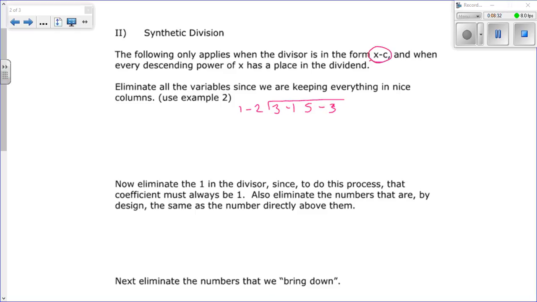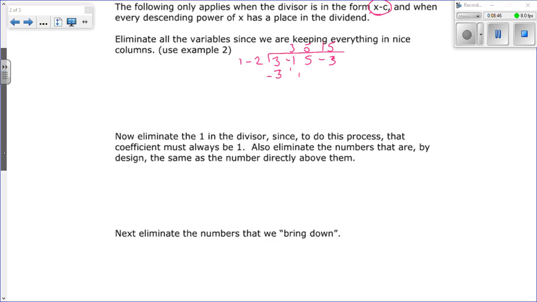And then on the top we had 3, 5, and 15. And here we have negative 3 and 6. Let me see if I can get this in a good place.